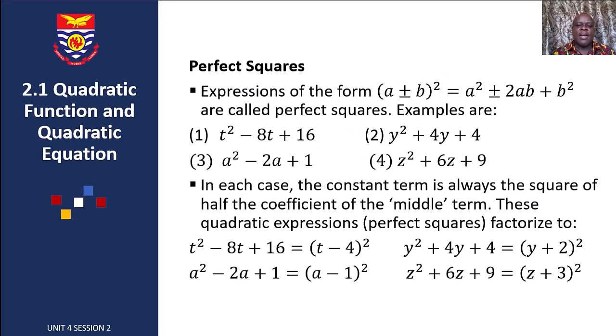We have come to perfect squares, and perfect squares are mostly in the form bracket opened a plus or minus b bracket closed squared is equal to a squared plus or minus 2ab plus b squared.